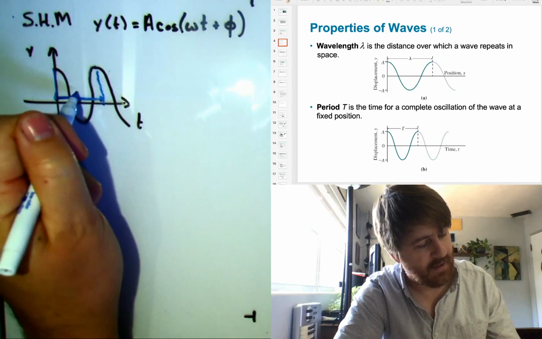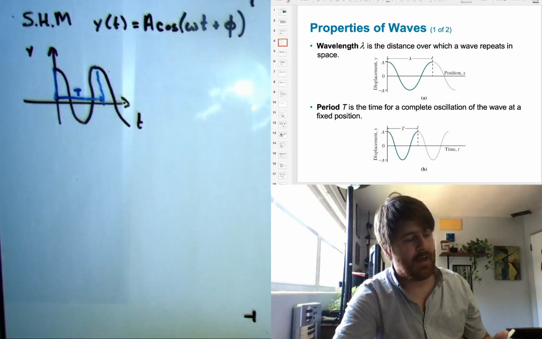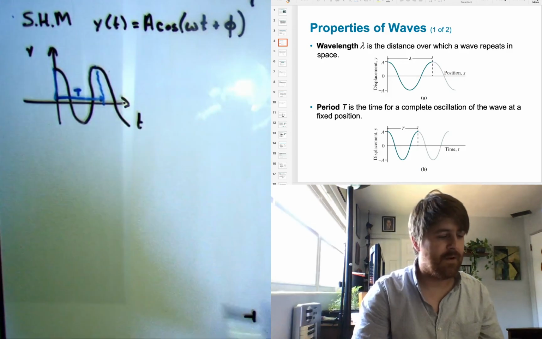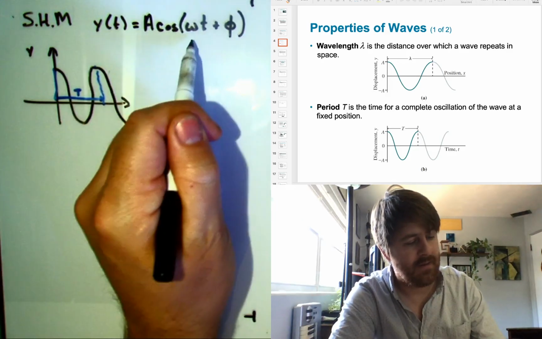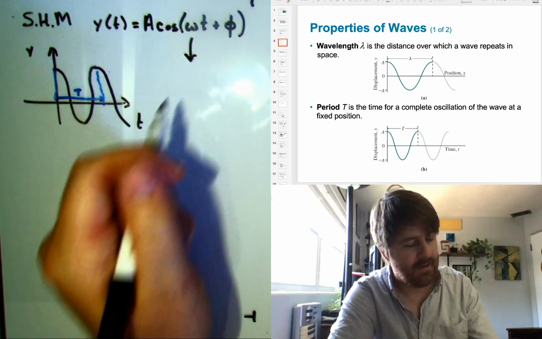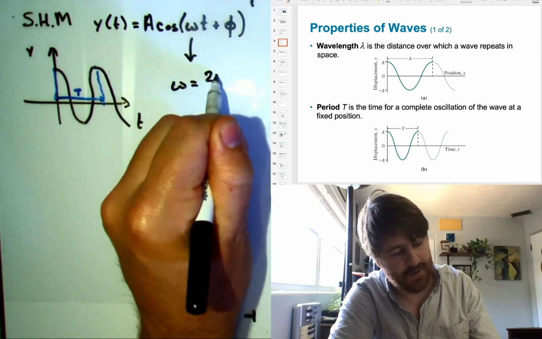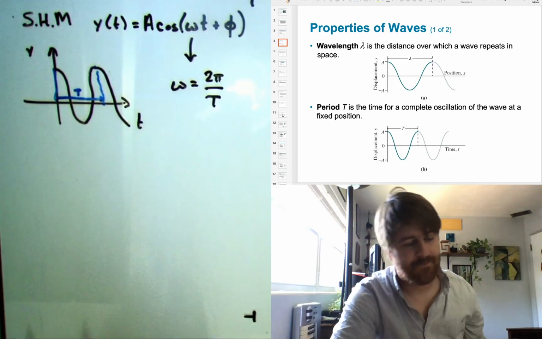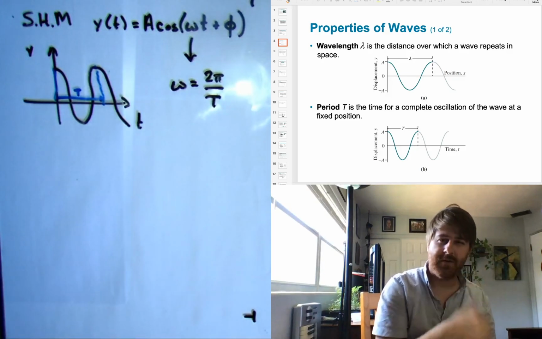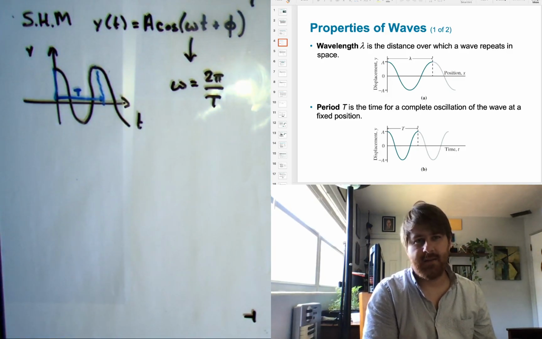So this is t, and the angular frequency, this term right here, is 2 pi divided by t. Okay, that's the angular frequency, and units are radians per second.